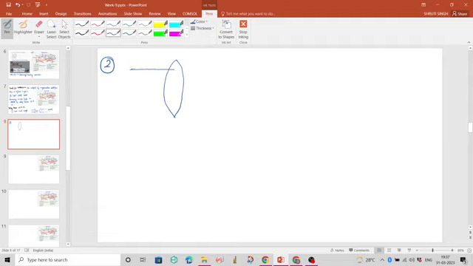So a beam coming like this, and this is the focus point. There is a smaller lens here, like this. This has the smaller focal length, but the distance between these two lenses will again be such that their focal lengths coincide at a single point only, this point F.